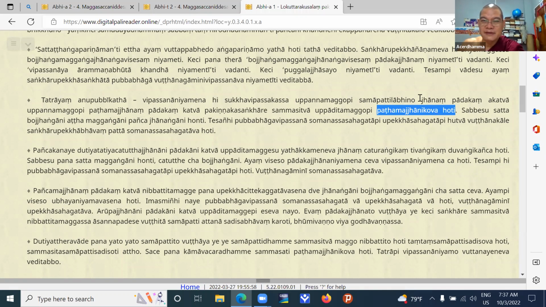Because there is no fixed law for that, we can also consider that even though he has entered upon the jhana, he doesn't take the jhana as the base. So it can be both.